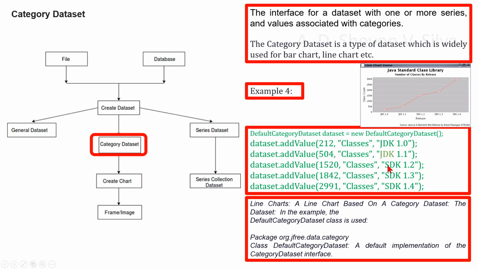The first step in generating the chart is, as always, to create a dataset. In the example, the DefaultCategoryDataset class is used. Note that you can use any implementation of the CategoryDataset interface as your dataset.